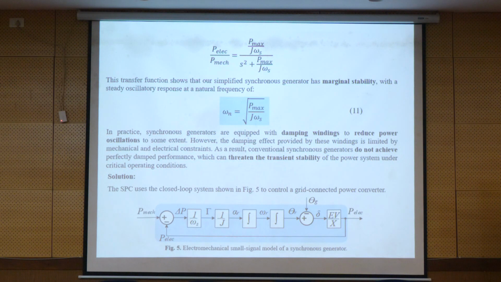In a synchronous generator, we have a damper, which we basically use for damping the oscillation in the grid. But the problem is that, due to some mechanical and electrical limitations, they are not working perfectly.